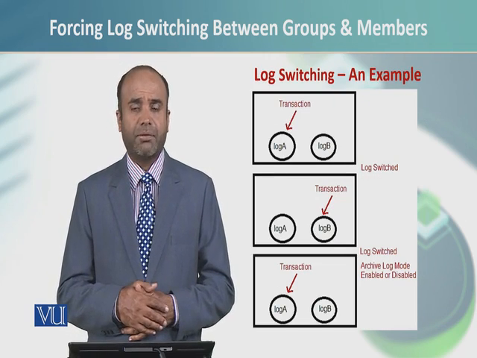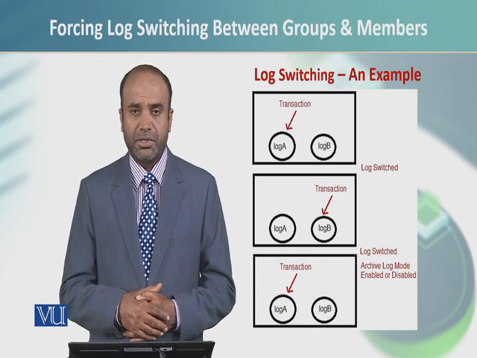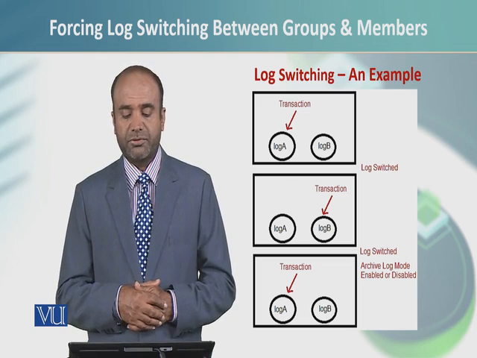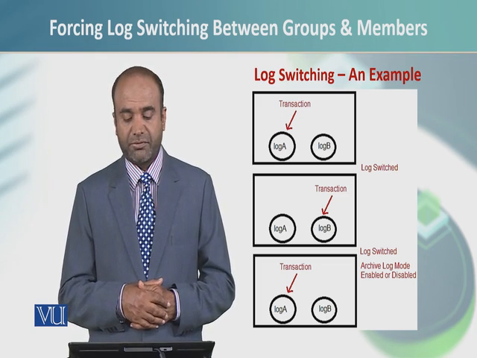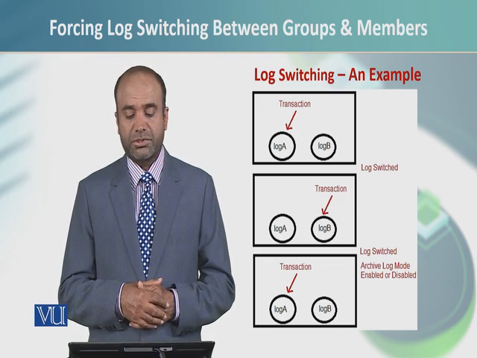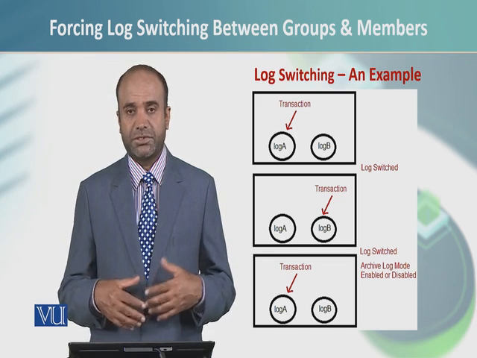So exactly what happens and how is it performed? This normally happens in a cyclic way. Let's suppose the example consists of two members, log A and log B. As transactions start, log A starts filling up.